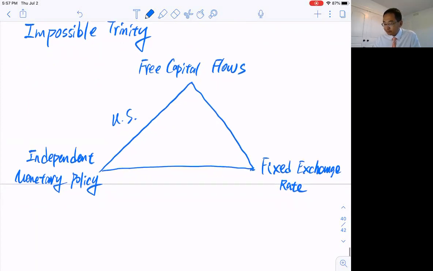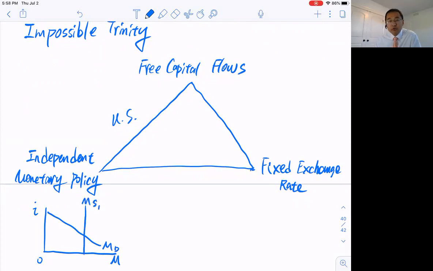Let's say that we decide to have a contractionary monetary policy, which means, again, in the money market, you have interest rate and the amount of money. This is money demand, and this is money supply, call it MS1.